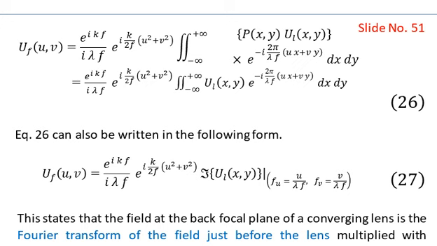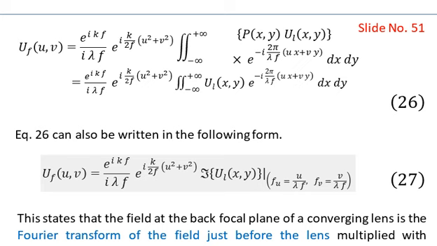This is nothing but the Fourier transform of the field ul of x comma y, which can symbolically be written as in equation number 27. We have written that using the Fourier operator operating on ul of x comma y and evaluated at fu equal to u over lambda f, and fv evaluated at v over lambda f.